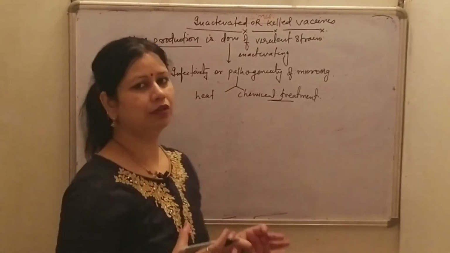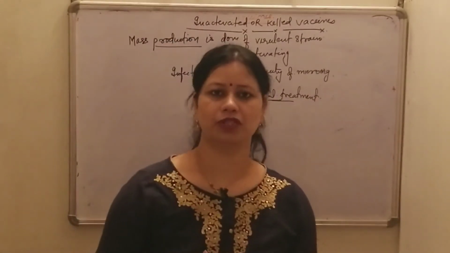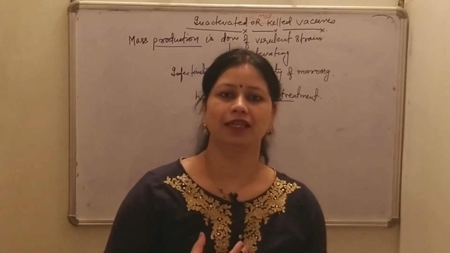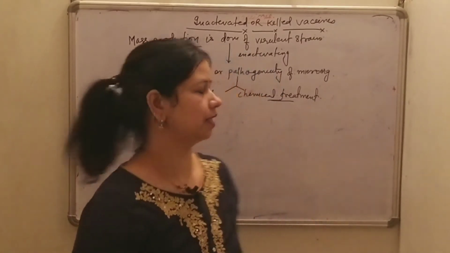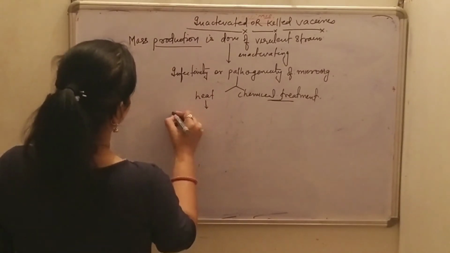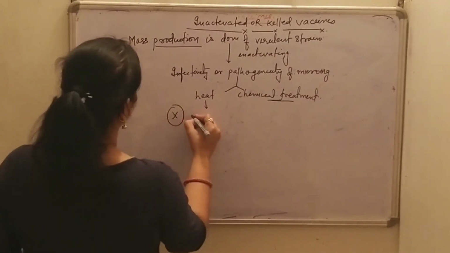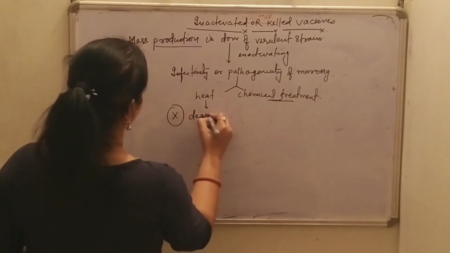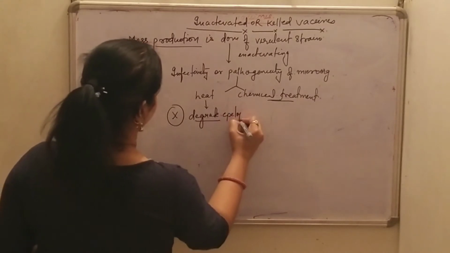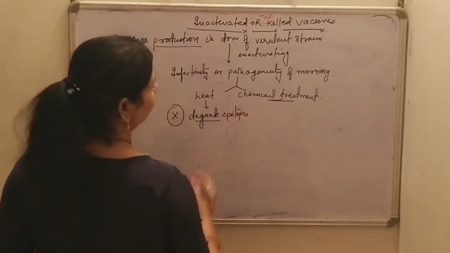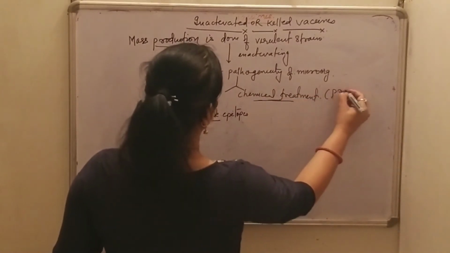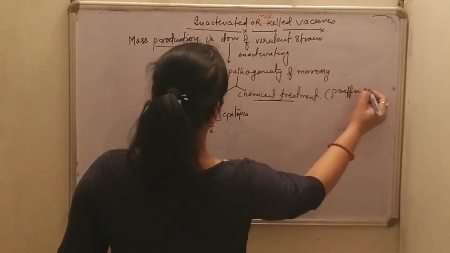Heat is generally not recommended. The heating process is not preferred because it can degrade the proteins, the epitopes of the surface antigens. Heating is generally not preferred, as it can degrade the epitopes which are present on the antigen surface. Chemical treatment is more preferred.